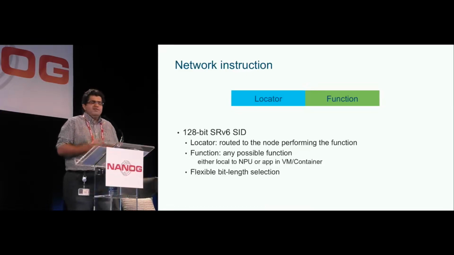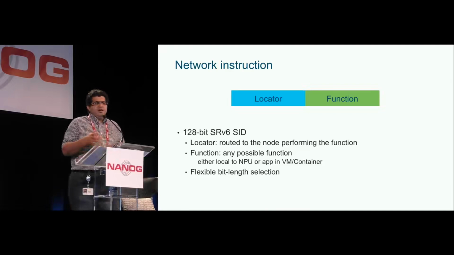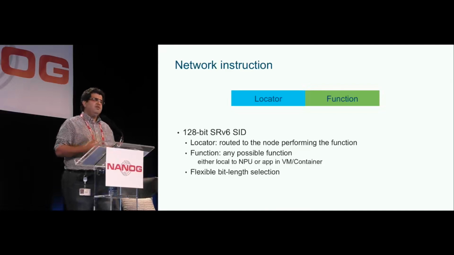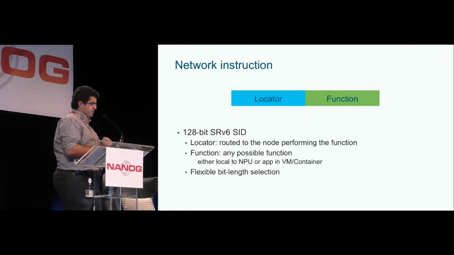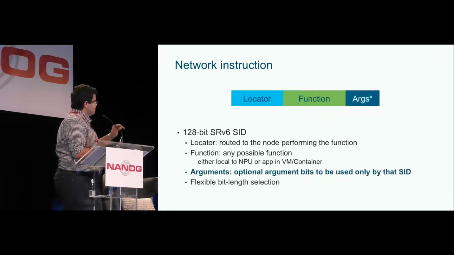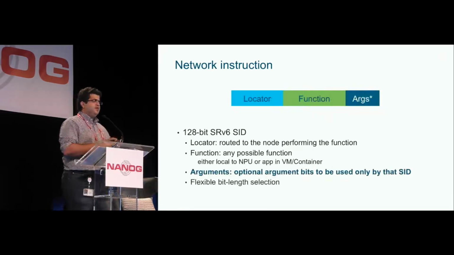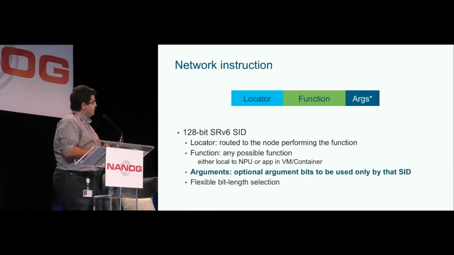Once I receive the packet, it says, okay, this function belongs to me, and then I should be able to do something with it. Again, we are trying to keep simplicity, and there is also a concept of arguments, but for simplicity, I'm just talking about locator and function for now.